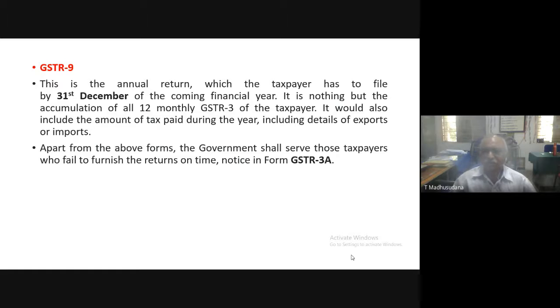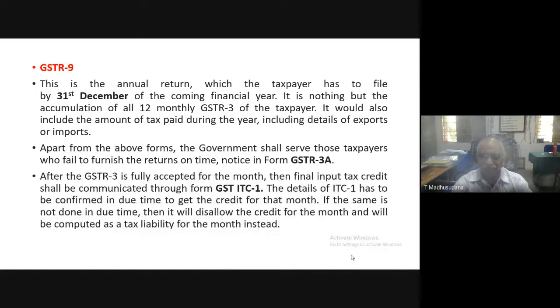So if anybody has not submitted their returns, then the government will issue a notice to the taxpayer in form GSTR 3A.